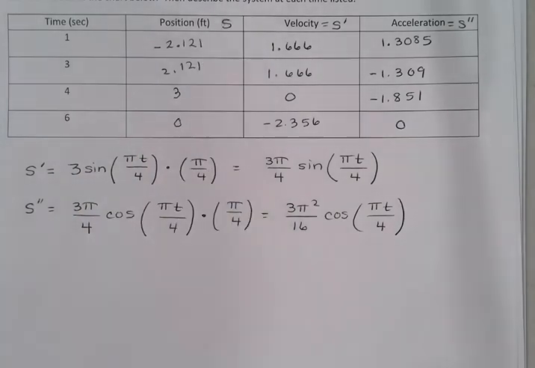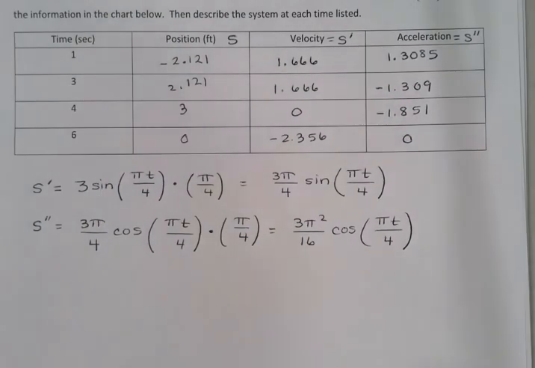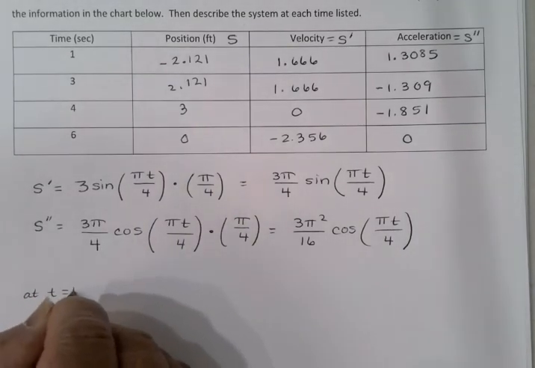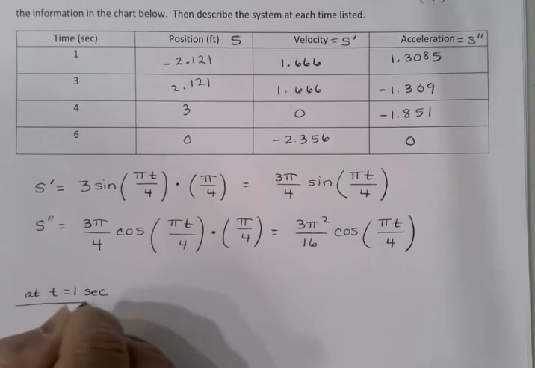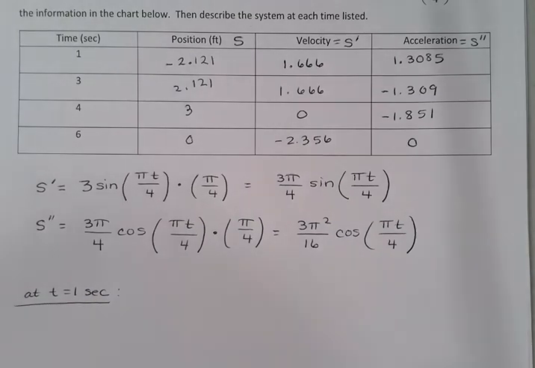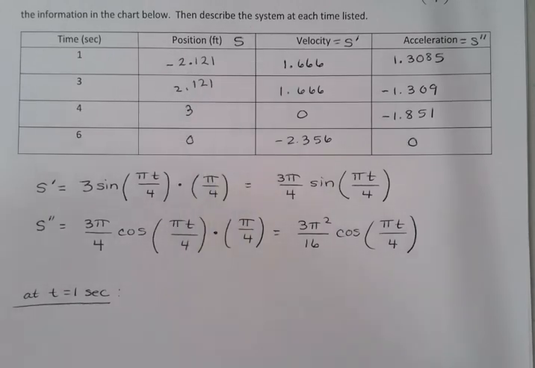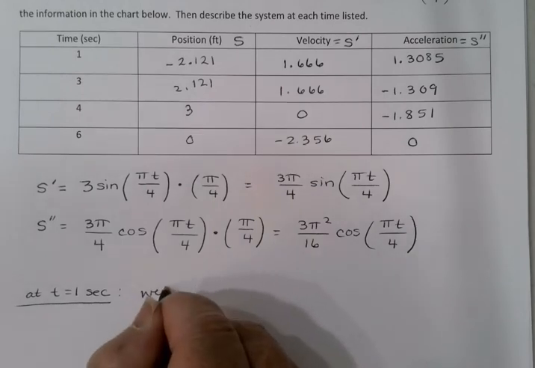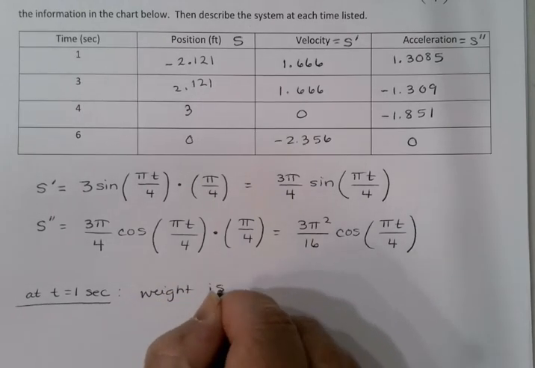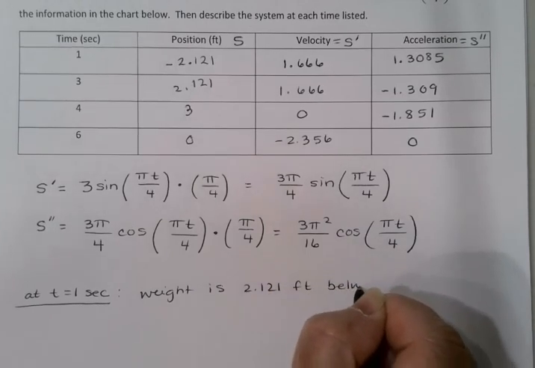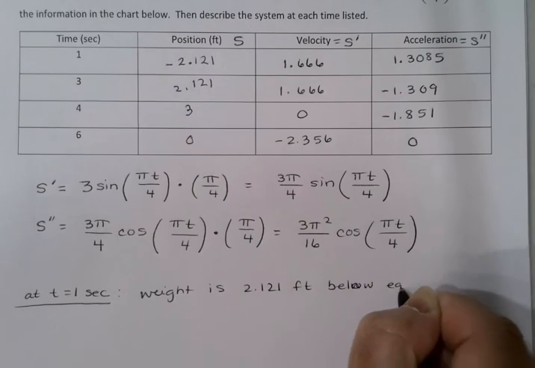It says describe the system at each of the times listed. I won't write out all of these, but let's maybe just pick 1 or 2 of them to discuss. If I start with at time 1 second, what I can see here is that my weight is about 2 feet below equilibrium. So 2.121 feet below equilibrium.